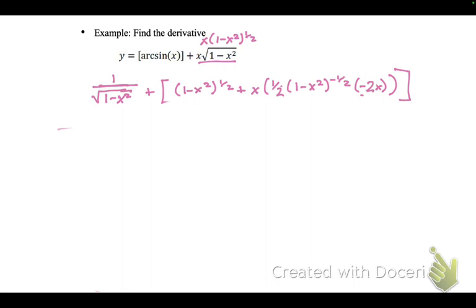Okay, so derivative of x is 1, right? And so then we have 1 minus x squared to the 1/2. Then we have x. And then the derivative of this, we have to use the chain rule. So 1/2, 1 minus x squared to the negative 1/2. And the derivative of this stuff inside would be negative 2x. Correct? Okay.